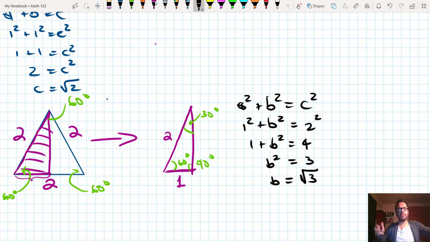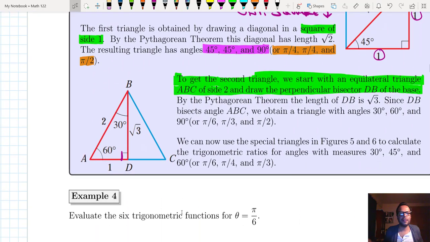Now that we know this length, which is square root of 3, let's go back to the picture that you have. Isn't that the same, right? Let's highlight 1, 2, root of 3.